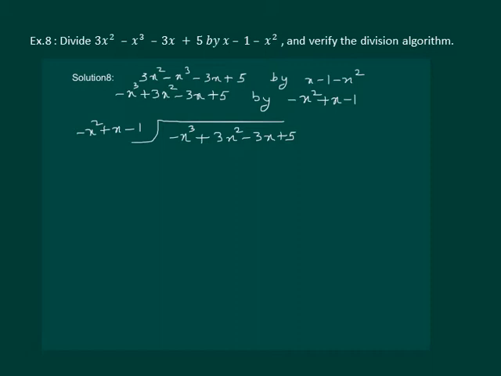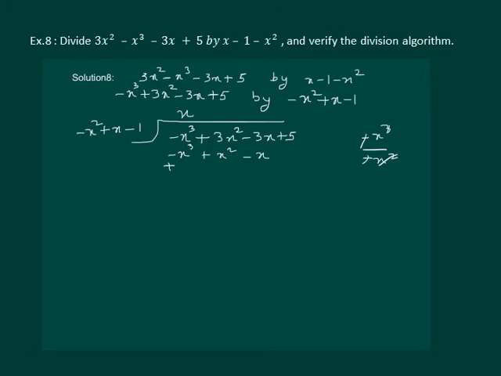We have already discussed division process. So the first term in the quotient would be minus x cube divided by minus x square will give us x, which on multiplying with the divisor will give us minus x cube plus x square minus x.